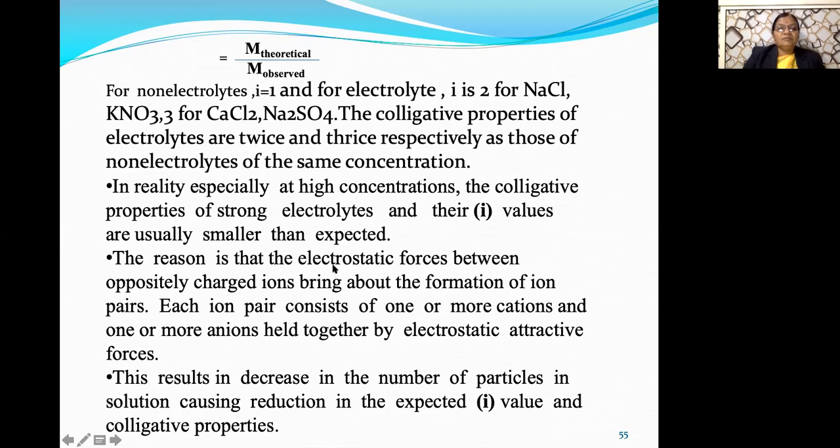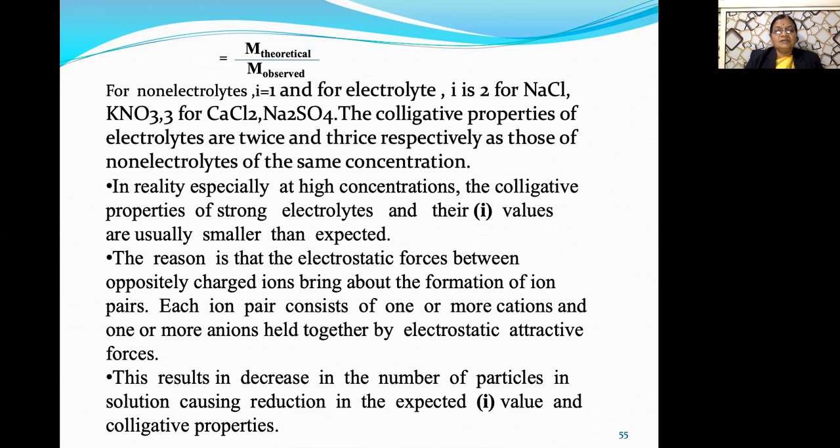The electrostatic forces between oppositely charged ions bring about the formation of ion pairs. That is, there is a formation of ion pairs due to the attractive force between the charged ions. Each ion pair consists of one or more cations and one or more anions, that is negative ions, and all these are held together by electrostatic attractive forces.